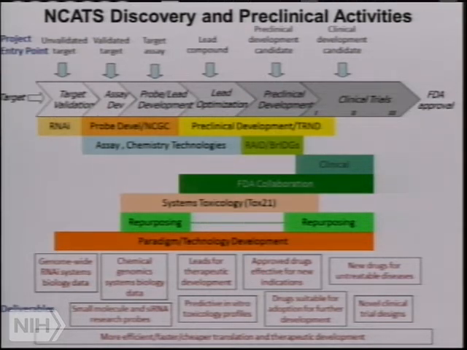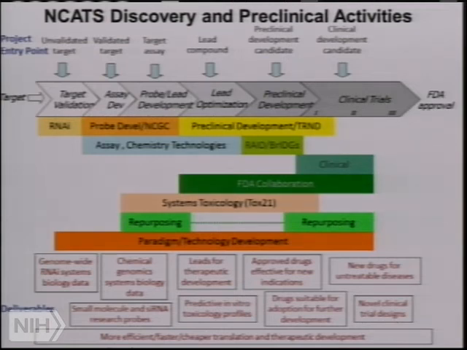So what we do at NCATS is we're engaged in all these additional activities that I'm not going to be talking about. For example, we house the Trans-NIH RNAi core facility that performs high-throughput siRNA screens to deal with this whole concept of target discovery, target validation, discovering new genes that affect certain processes. So basically we do the early part of discovery of drug targets all the way to optimizing molecules, conducting preclinical development, and going into clinical trials.